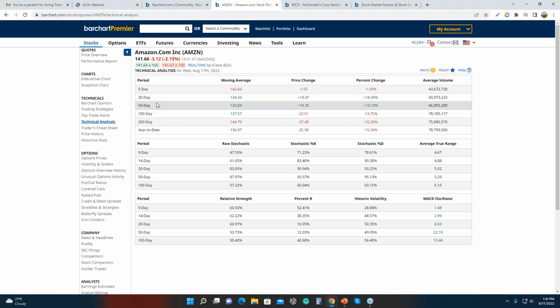But if we look at our 20-day trend that we're analyzing in the last month, Amazon increased by $18.3. So if I divide that by 4 or 5, then I'm getting closer to maybe $4.50, somewhere between $4 to $5.